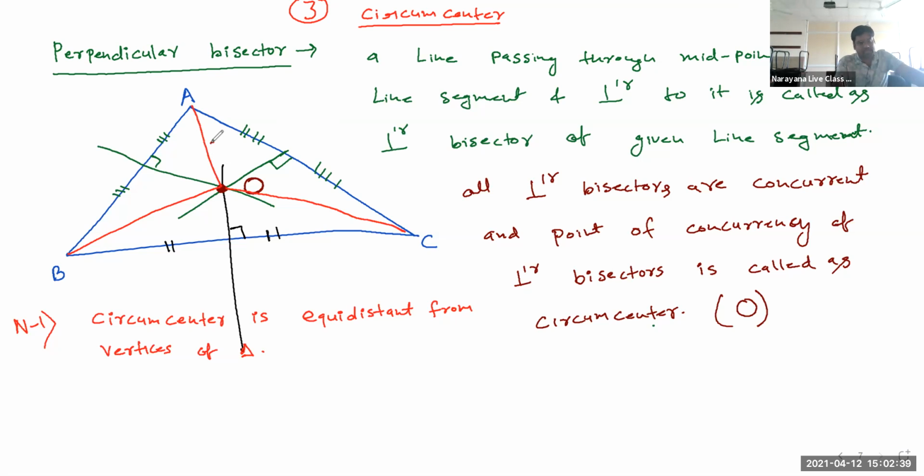If you take OA as R, capital R, OB as R, and OC as R, then OA, OB, OC are all equal because O is a point which is at equal distance from all the vertices. So OA equals OB equals OC.